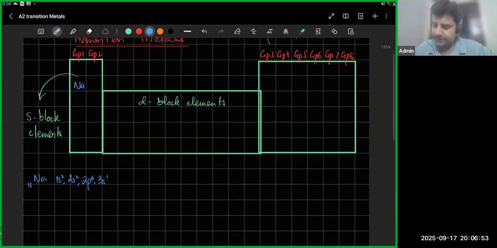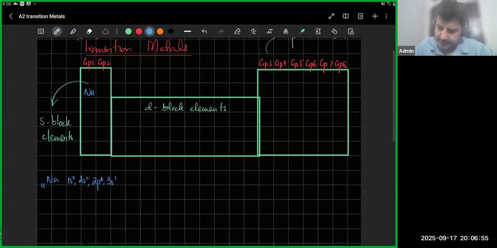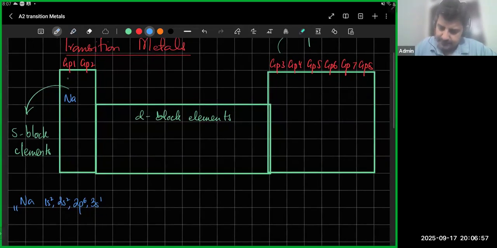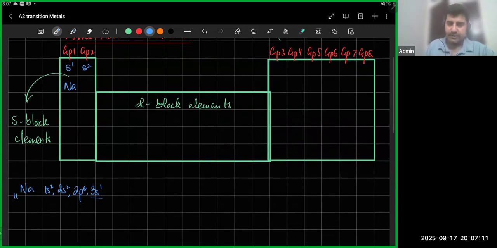Similarly, the outer shell for group 1 is always going to be S1. The outer valence shell for group 2 is always going to end up with S2. Remember, most of the time we're only interested in the outermost shells. Mg is in group 2, so it's going to end up with S2.